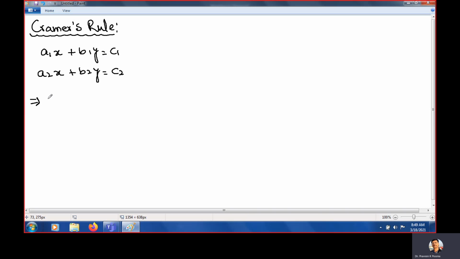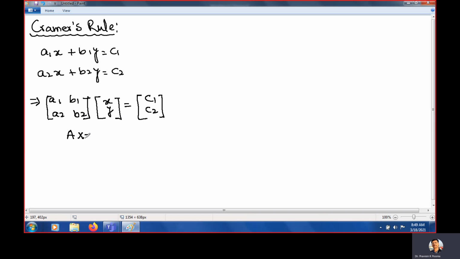So first thing is you need to write them into matrix form. The matrix [a1 b1; a2 b2] times [x y] equals [c1 c2]. Clear?